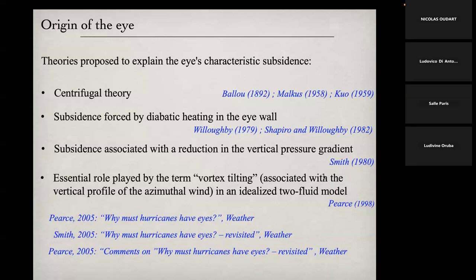In other words, he blames Peirce for mixing the causes and the effects in the reasoning. So you can see that Peirce has used his right of reply. And so that story just highlights how the origin of the eye is still today an open issue.